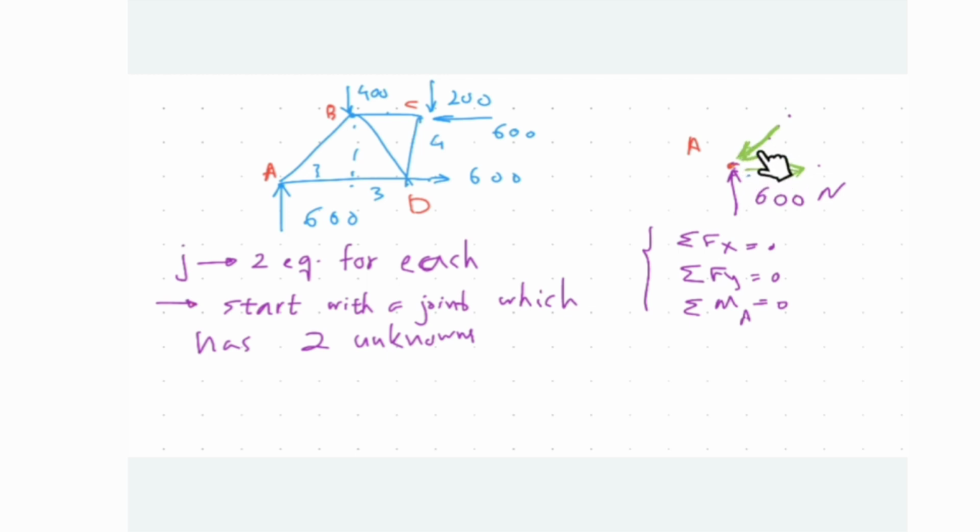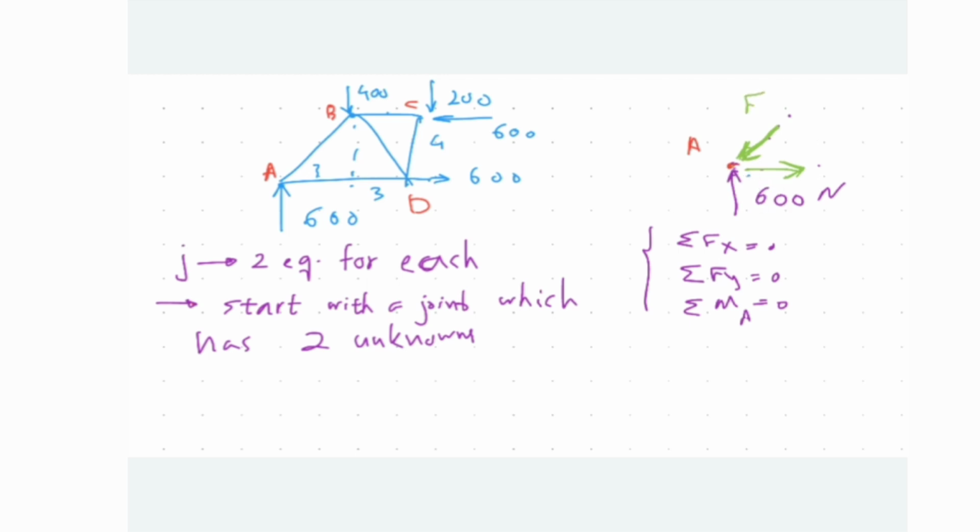We put two unknowns for these, and at the end of the day you would see that their values are positive, meaning that their directions have been chosen correctly. Let's name them.